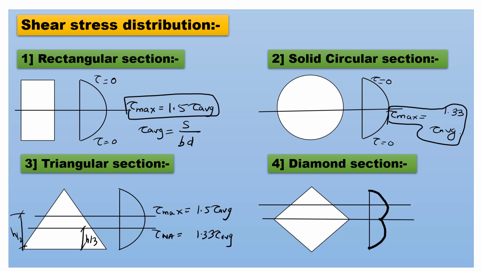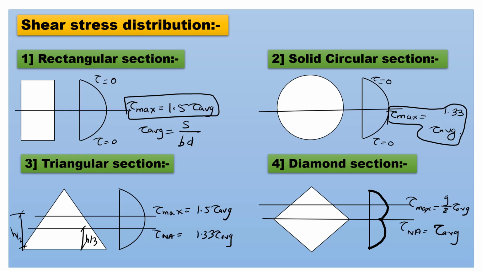Then in case of diamond section, both values are there: the value about its center and the value about its neutral axis. The value about its neutral axis is equal to tau average, and the value about the middle point of its half section is 9 by 8 of tau average.